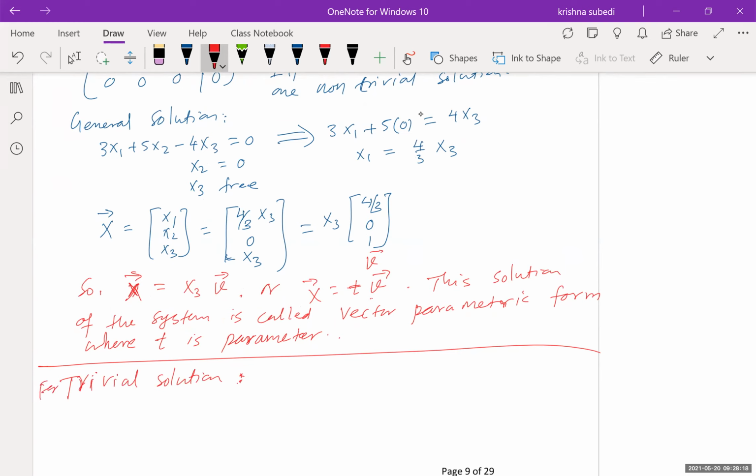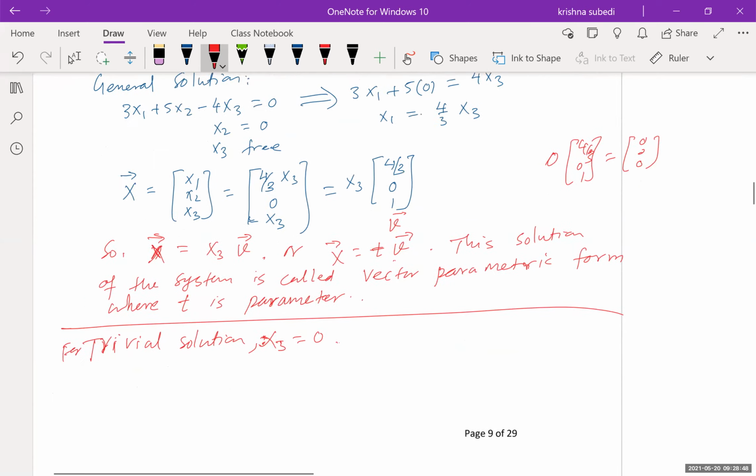For the trivial solution, x3 equals 0, right? If I suppose x3 equals 0, then guess what? x3 is 0, 0 times 4 over 3, 0 and 1 will be 0, 0, 0. So that is our trivial solution. But for every other choice for x3, you will get a non-trivial solution. It means this system has infinitely many non-trivial solutions.